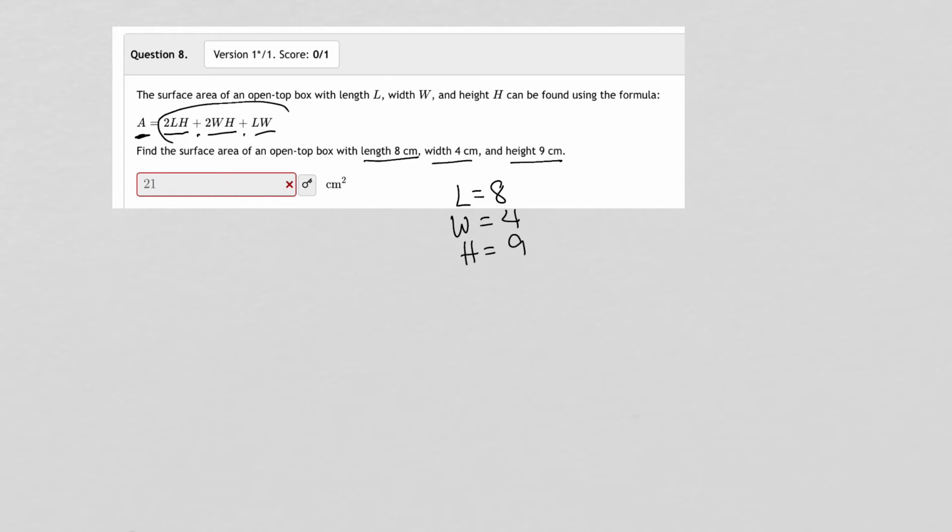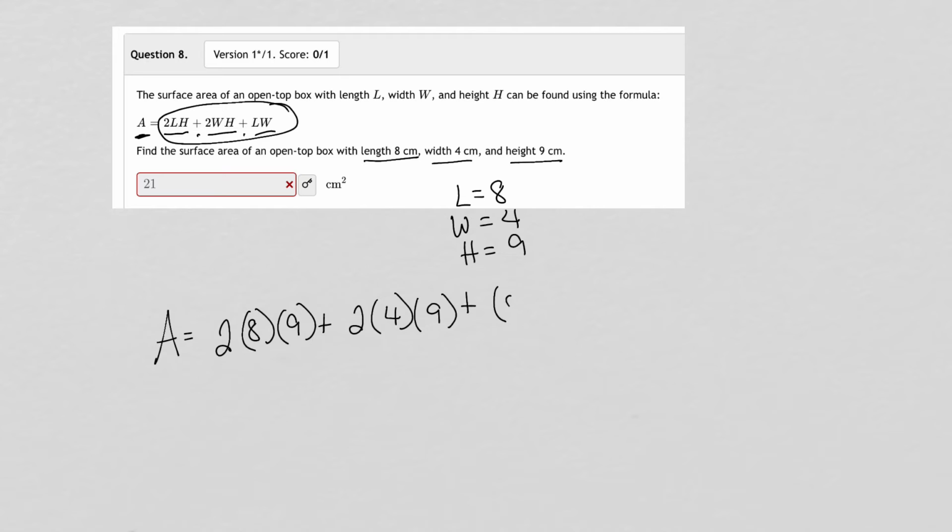I'm just going to follow this formula. My surface area is 2 times 8 times 9, plus 2 times 4 times 9, plus 8 times 4.